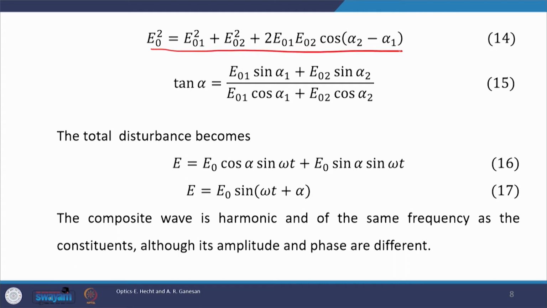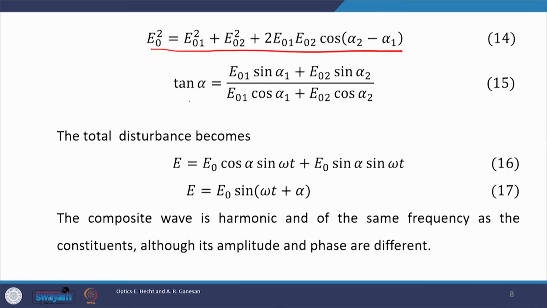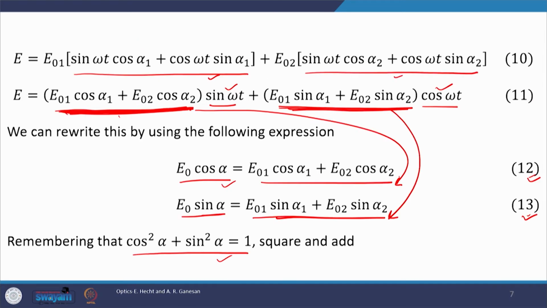And if you divide equation number 13 by equation number 12, we will get the expression for tan alpha. Now, what do equations number 14 and 15 give us? They give the expression of E naught and the value of alpha, which were the unknowns in equations number 12 and 13.